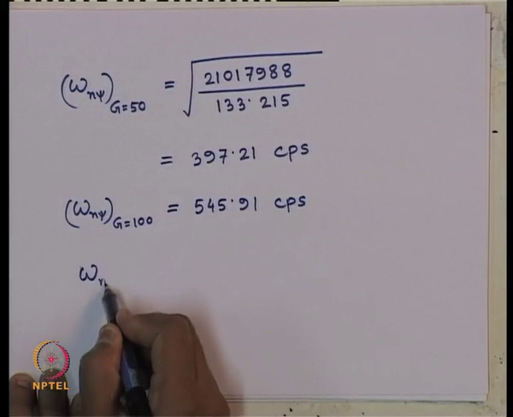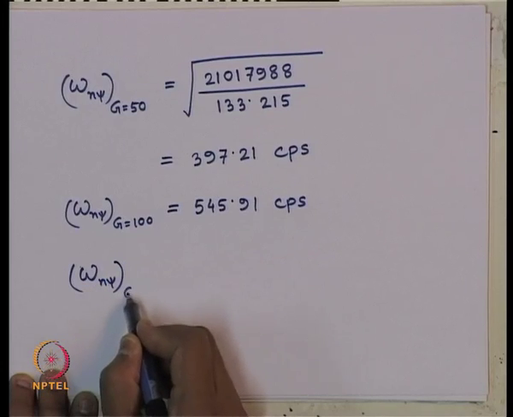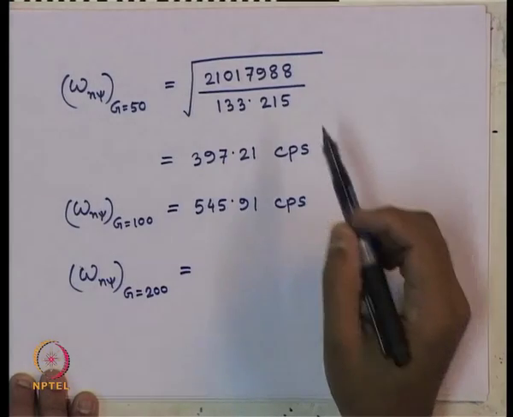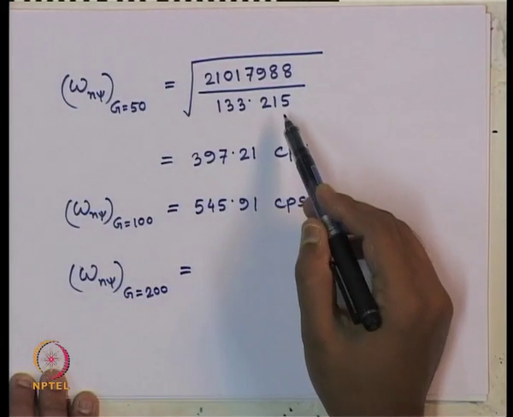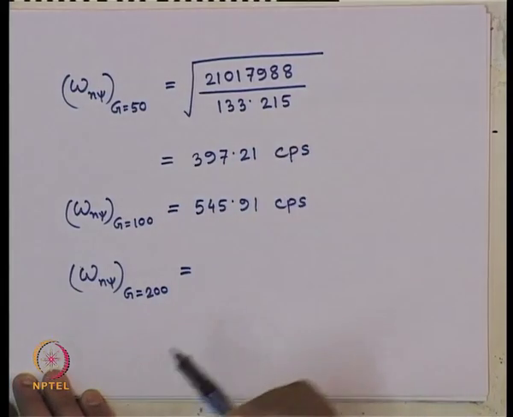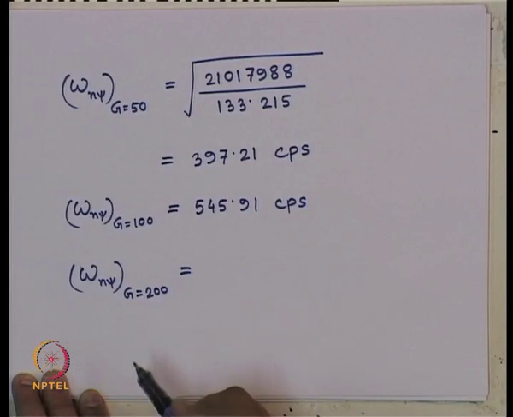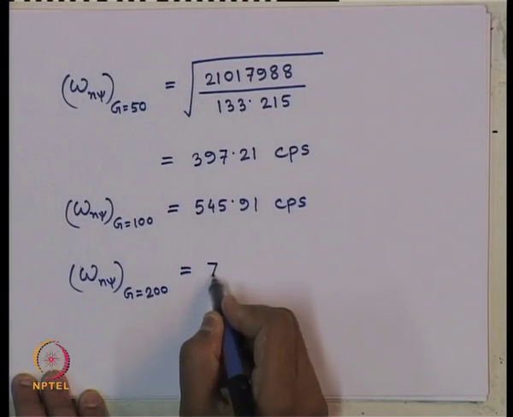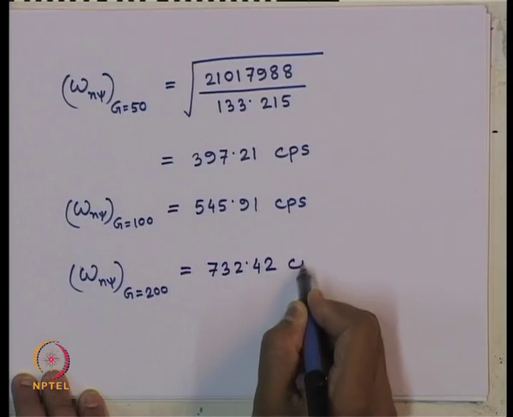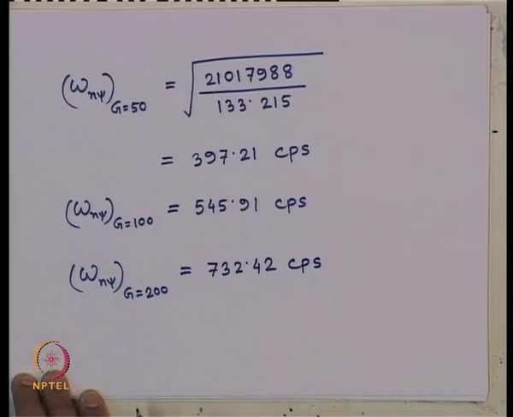And omega n psi for the third type of soil, G equals 200, this will become 4 times and this value will now be 156.724 as we have calculated. So, how much is it coming? 732.42 CPS. So, these are the natural frequencies of the system.